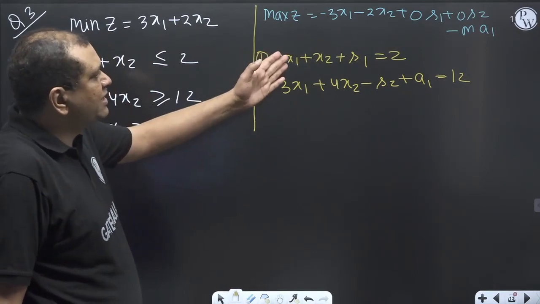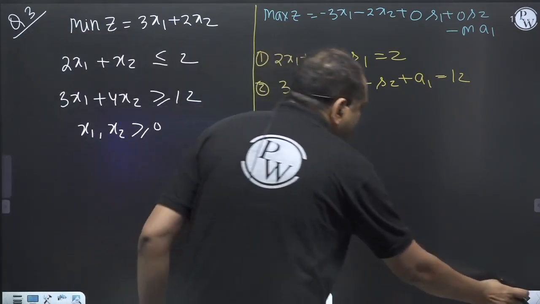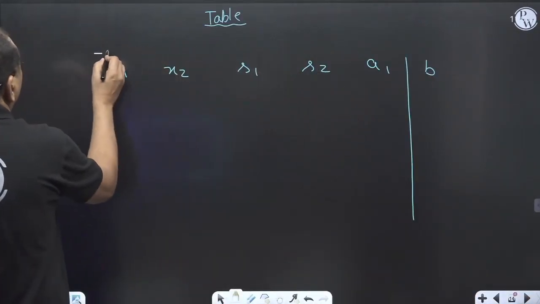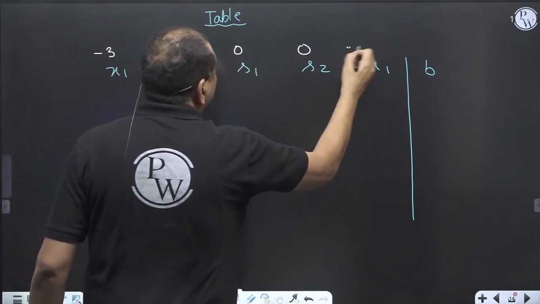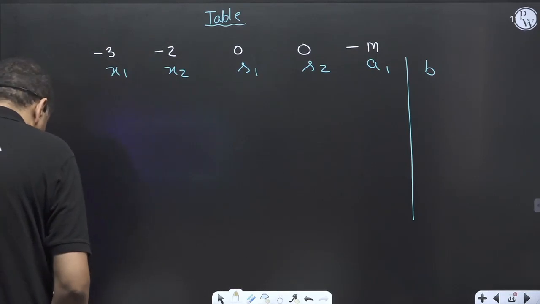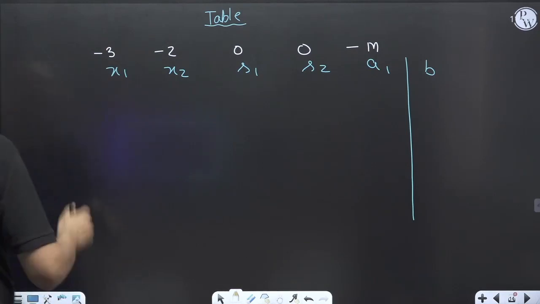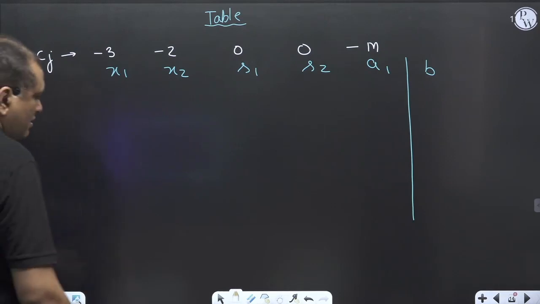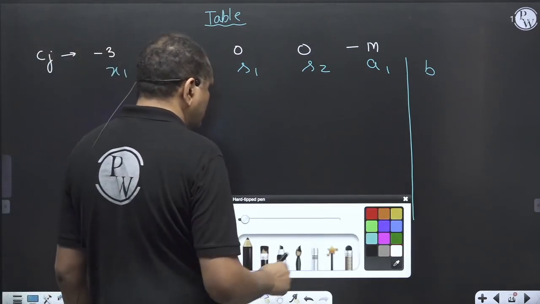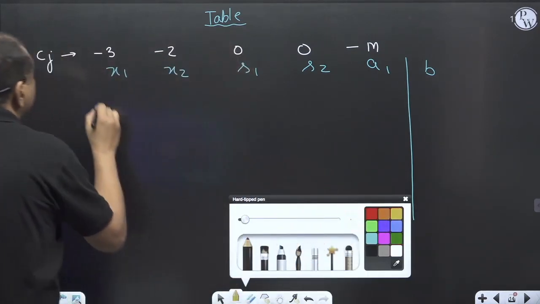The objective function coefficients are -3, -2, 0, 0, -M. This is Cj. Now the basis.